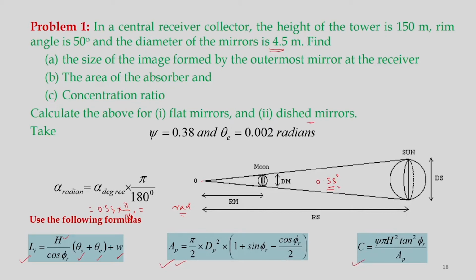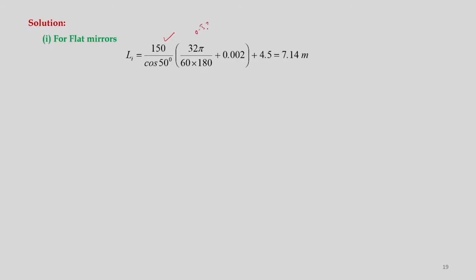Okay. So, we will take case by case. So, let us consider the first case for flat mirrors. So, Li, if we substitute those values, h is known to us, and this value 32 by 60 is nothing but 0.53 into pi by 180, and this angle is always in radian, which is given to us, and the diameter is given.